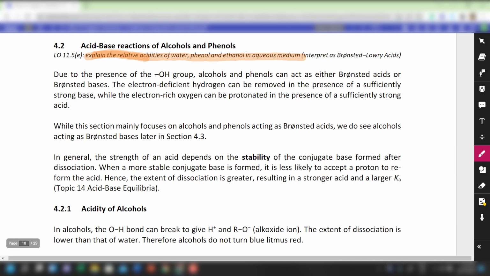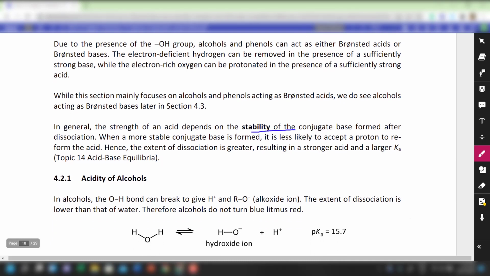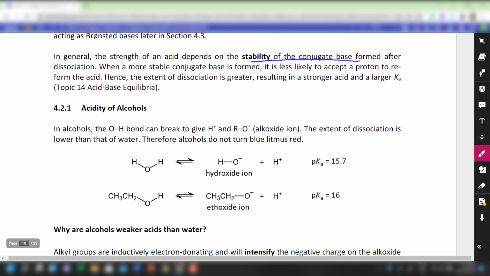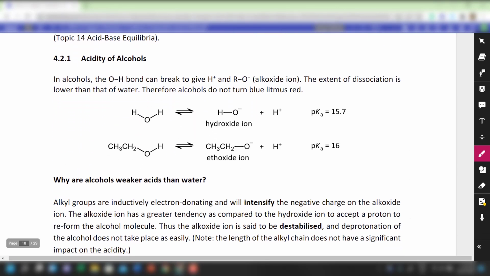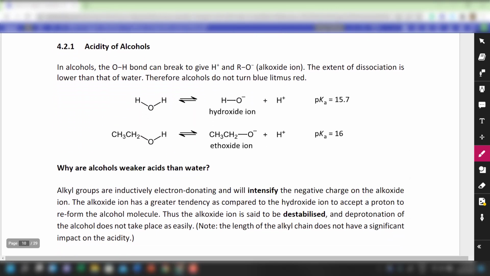Okay, so as I mentioned, it's related to the stability of the conjugate base. Regarding the acidity of alcohols, you notice that alcohols are slightly weaker acids as compared to water. Again, these are all relative. So when we term alcohol as neutral, we won't call alcohol an acid.